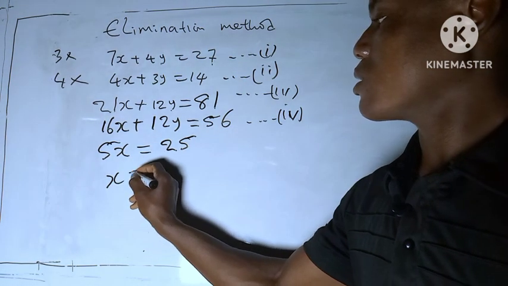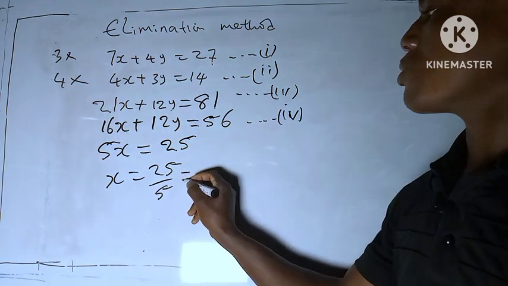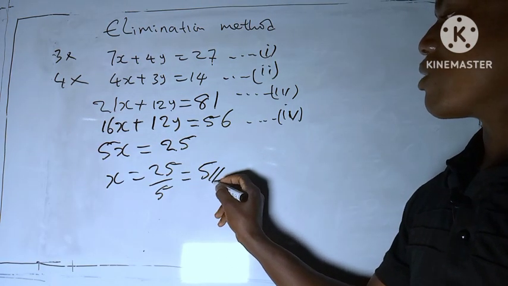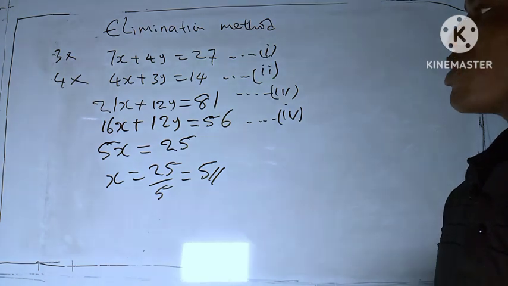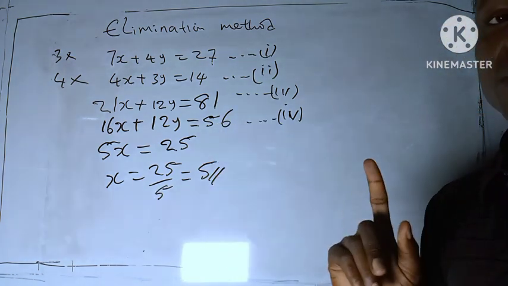So x equals 25 over 5, which equals 5. So our x is equal to 5.